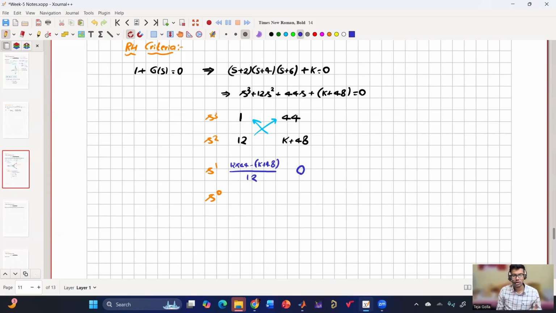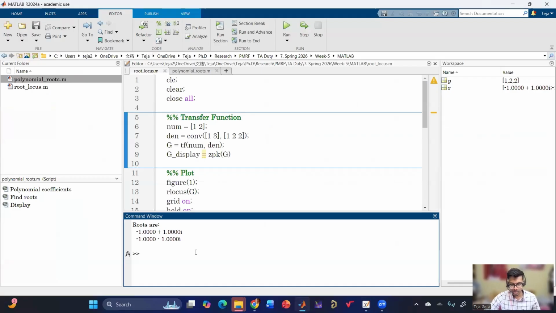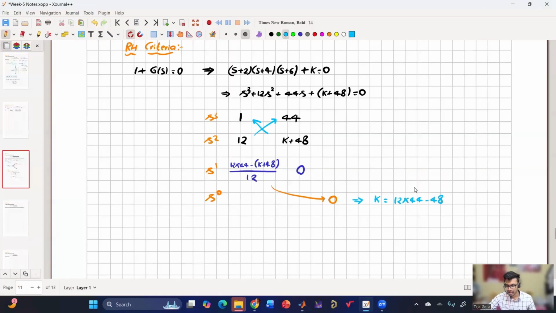So in order to be marginally stable or on the imaginary axis, we know that this value should be 0, right? So if you do that, then you can calculate k as 12 into 44 minus 48. To calculate that, again I'll use MATLAB as a calculator. 12 into 44 minus 48. So it is 480. So for k equal to 480, that value is becoming 0.